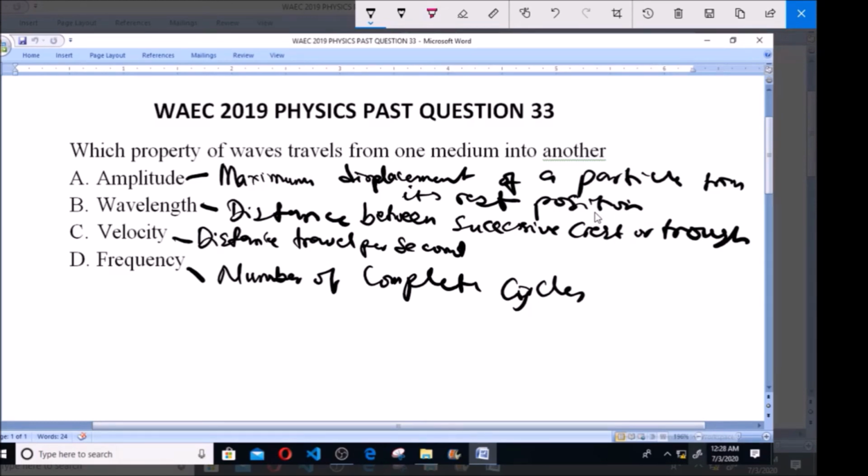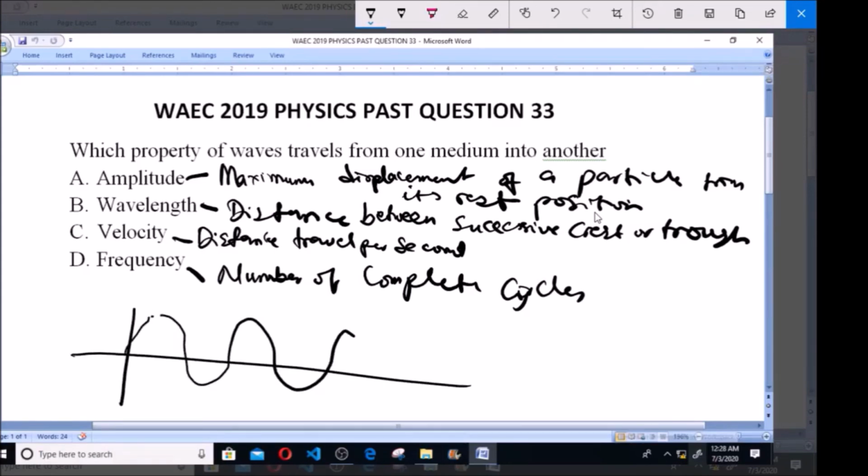So now we have the wave moving like this. So this is what we call the crest. These are the crests. The upper parts are the crests. The lower parts are known as the trough. So when we say distance between the successive crests, it is the distance from the first crest to this other crest.